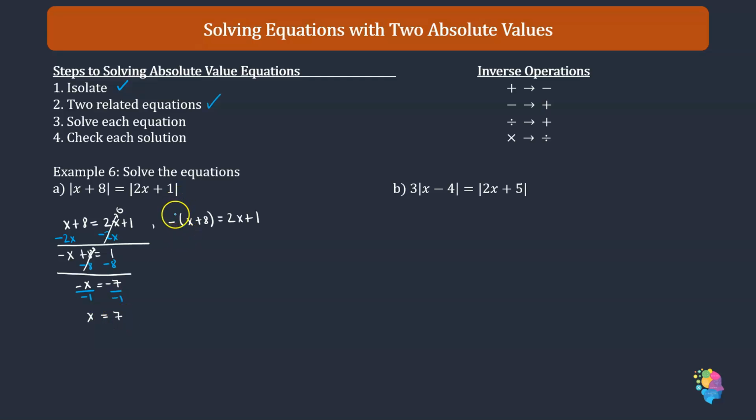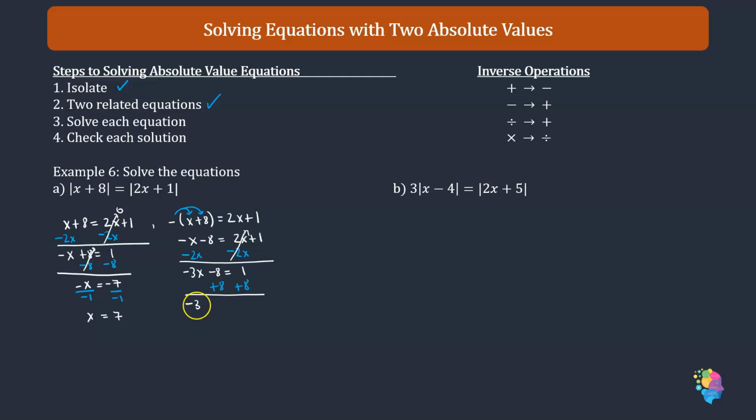Let's write the second equation. Let's distribute the negative. So this will leave us with negative x minus 8 is equal to 2x plus 1. Move the 2x. Subtract from both sides. Negative x minus 2x, that's minus 3x minus 8 equals 2x minus 2x will be 0, and this will be 1. I'm going to move the 8.